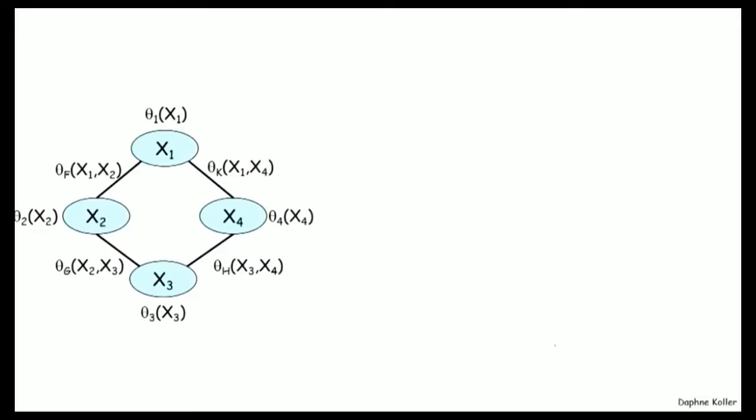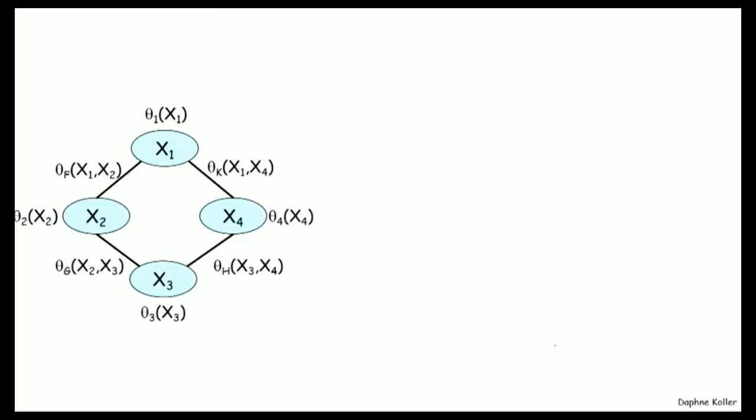So let's take an example to make this a little bit more concrete, because this was a little bit abstract. Let's go back to our example of a four-way loop where we have x1, x2, x3, and x4. And we're going to have these four pairwise potentials, which we're going to denote with letters this time to disambiguate indices a little bit.